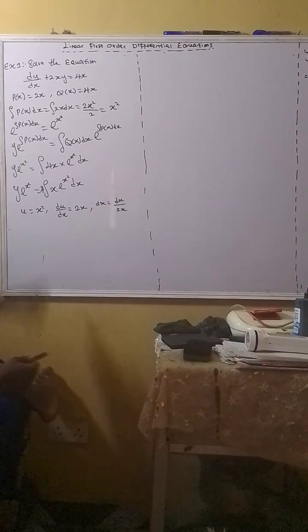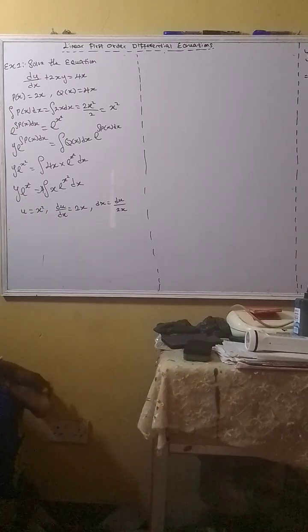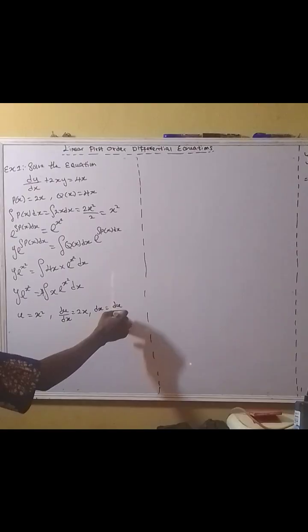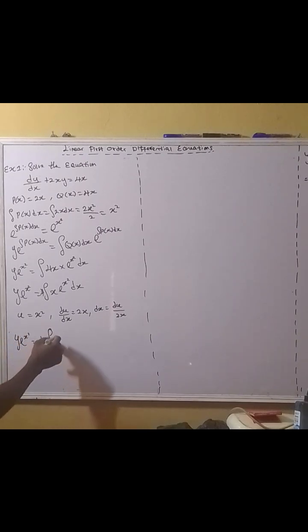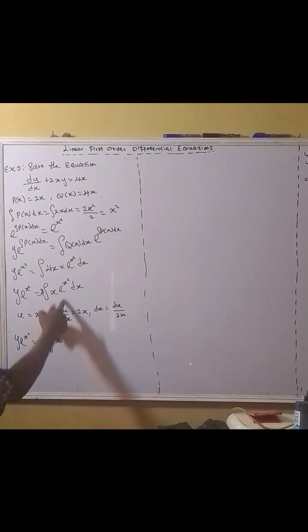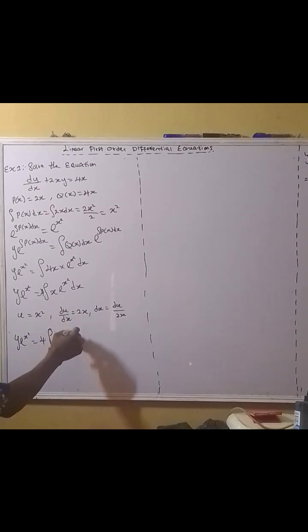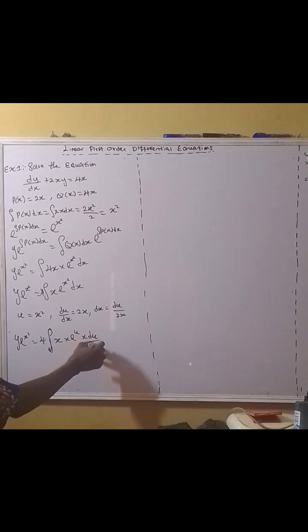When you cross multiply, you have dx equal to du over 2x. So at this point, you have y e raised to power x squared equals 4 integrating x times e raised to power u times du over 2x.